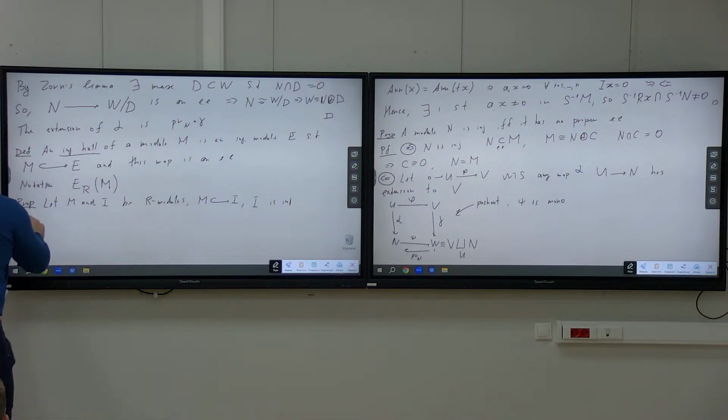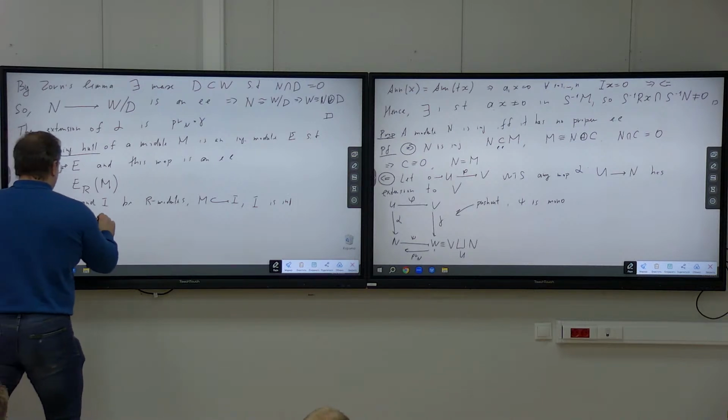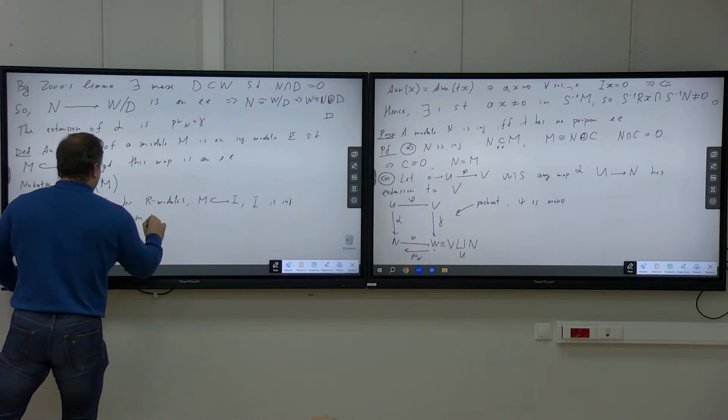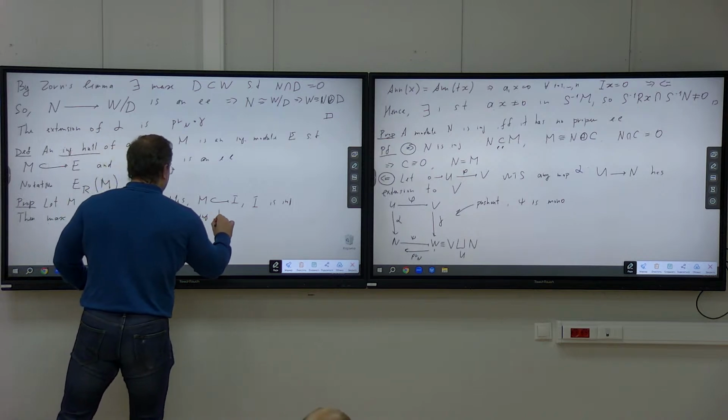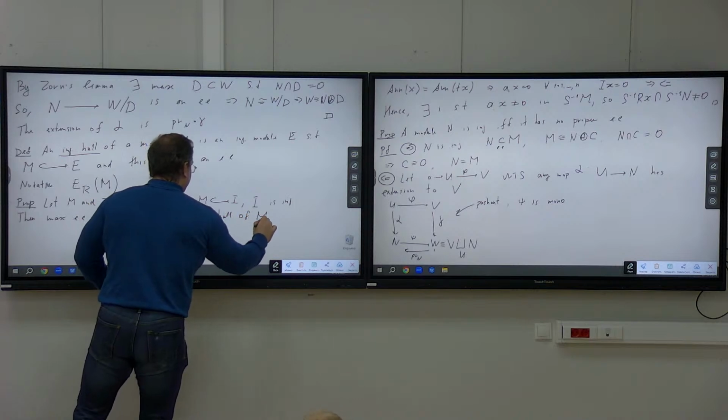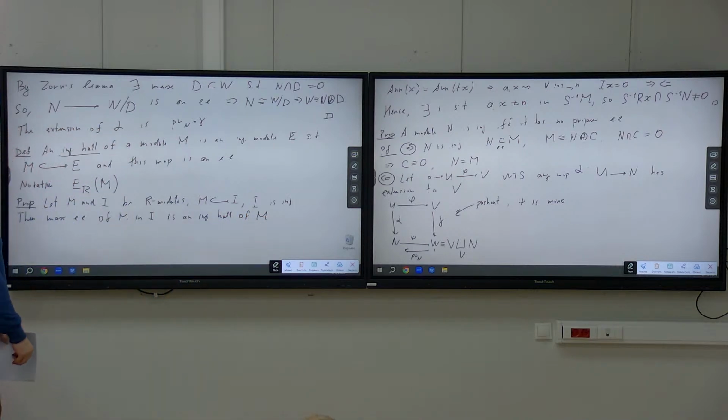Then a maximal essential extension of M in I is an injective hull of M. So in particular, if I start with any module, because I have injective cogenerators, I can always embed the module into some injective module, and then I just choose the maximal essential extension inside this module, and this will be the injective hull. So in particular, from this it follows that any module has an injective hull.